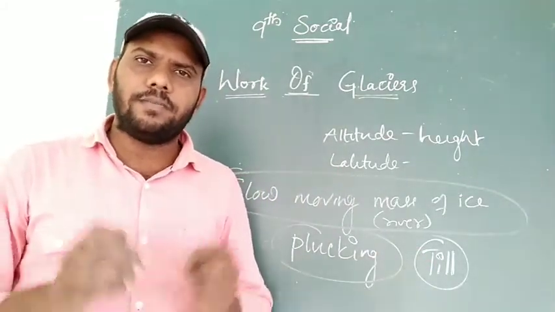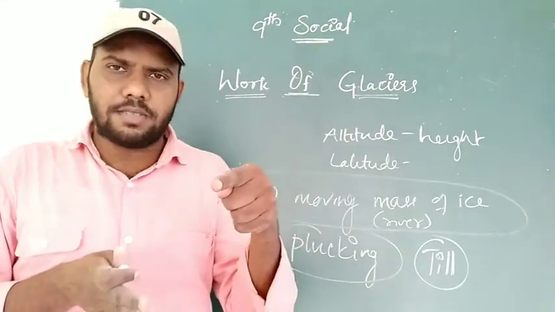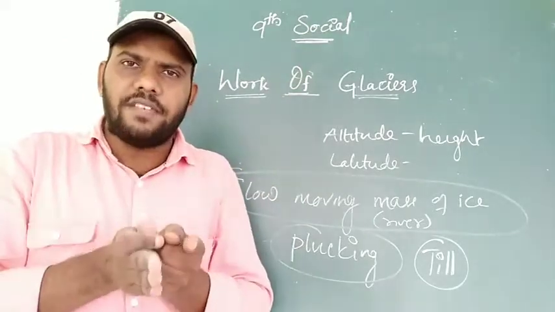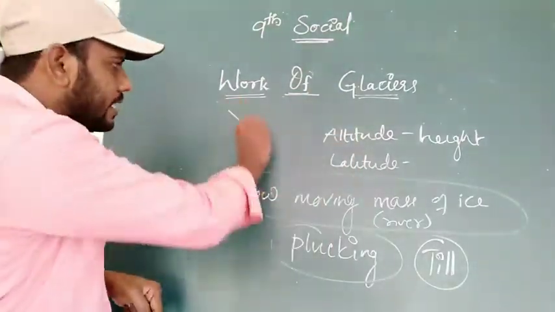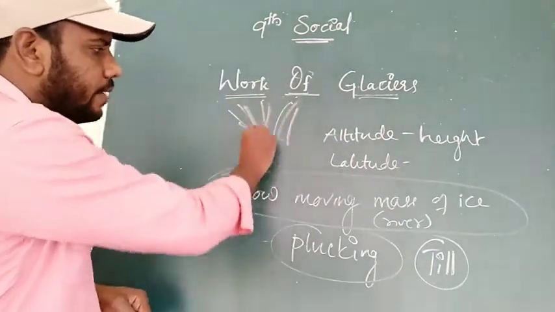And we know that when river water comes down, it breaks the mountains and creates a V-shaped valley. Same here, when the glacier comes down, glaciers we know are already much bigger in size.